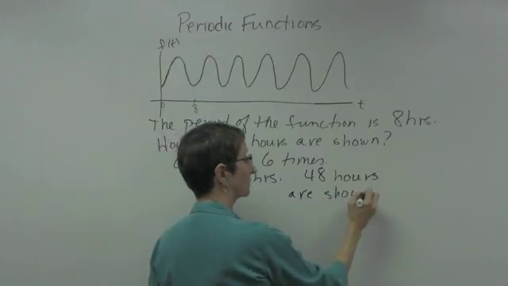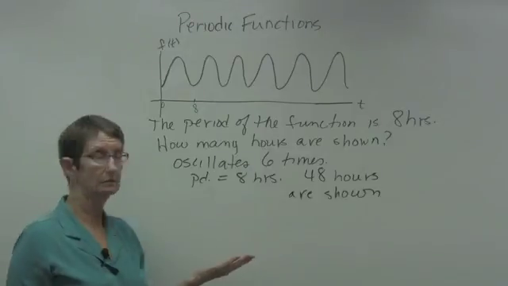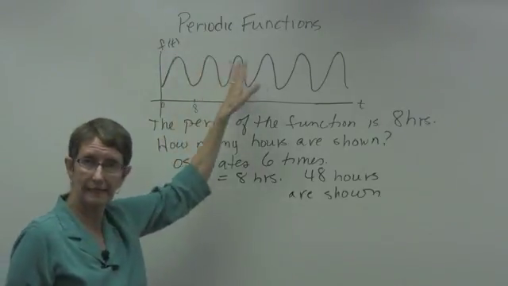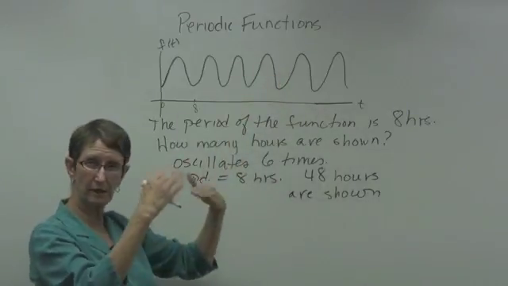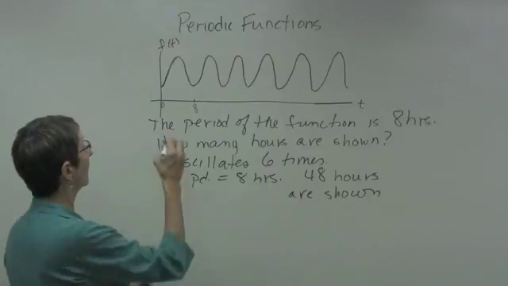Because I just have to count the periods and multiply the period times the number of times it repeats. It's said that it's regular and symmetric, so that it does look the same. You'll see this in the lessons.